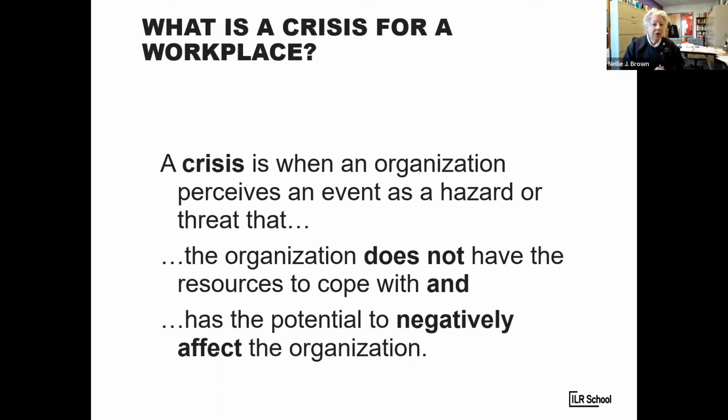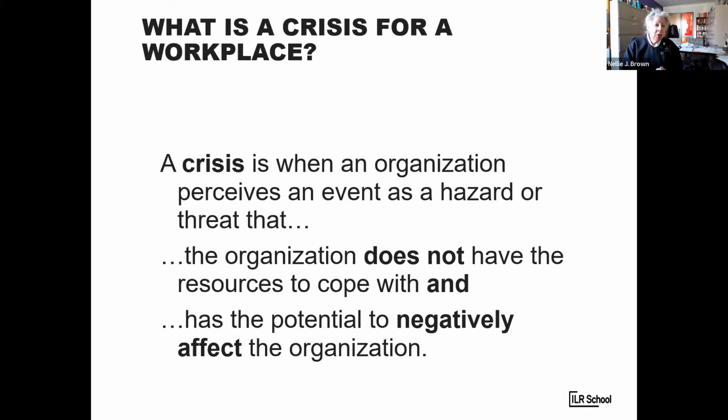Now, notice both of the aspects here are important. Many times we have organizations that have faced crises in the past, and they have come through them. They've done a lot of reflection on what worked well and what did not. And as a result, for the future, if they ever face something similarly, they know that they are going to be able to cope and to cope better.